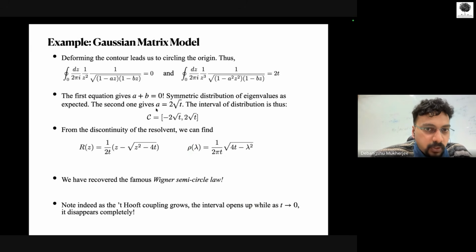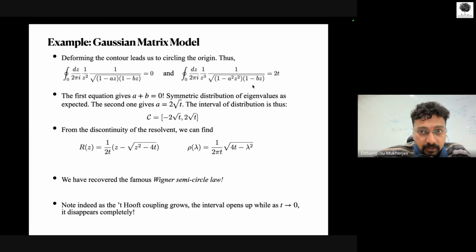The coefficient of the 1 by z term is a plus b, and that has to be 0, which precisely tells you that the eigenvalues have to be symmetrically distributed around the origin. The second contour integral fixes the value of a explicitly. Again, a very similar logic works here.